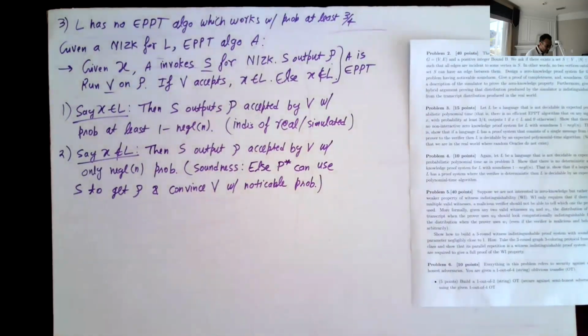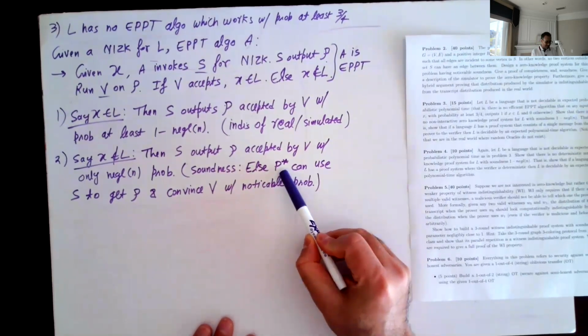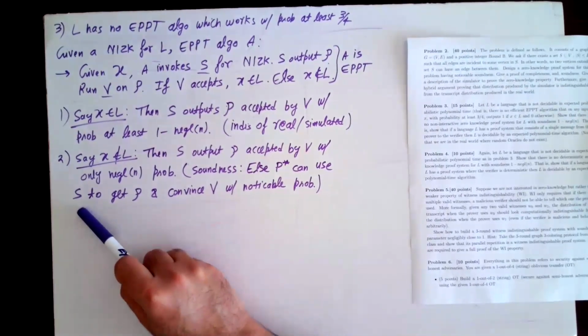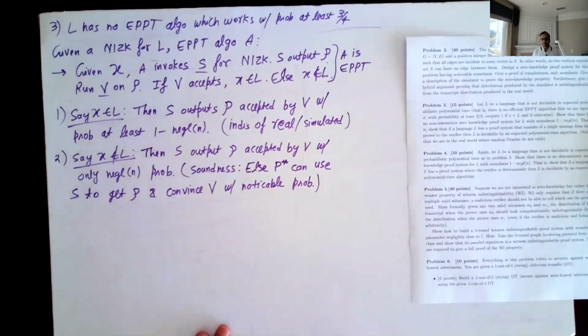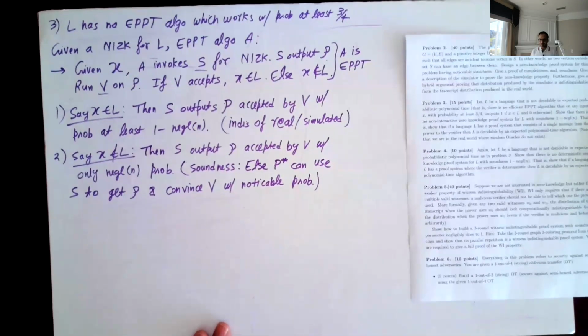Good. If it's an interactive proof, then P star does not have the luxury of running the simulator S. Right, because the simulator might rewind the verifier, and in real life, you cannot rewind the party that you are talking to.